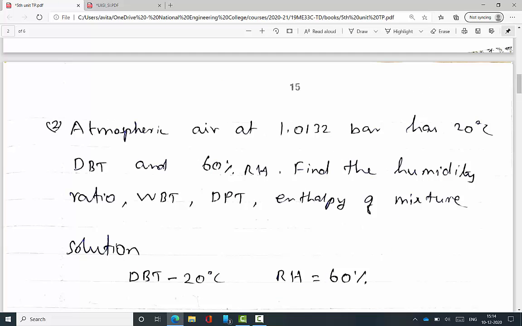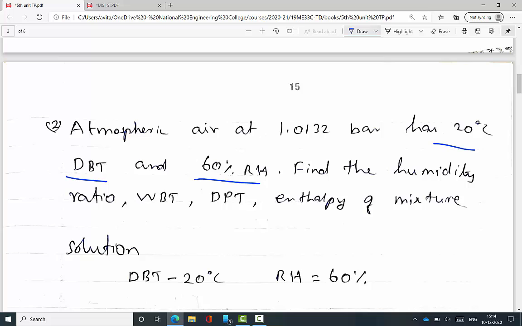The second problem is: atmospheric air at 1.0132 bar has 20 degrees Celsius DBT and 60% relative humidity. In the previous problem they gave DBT and WBT, but here the two data are DBT and relative humidity.